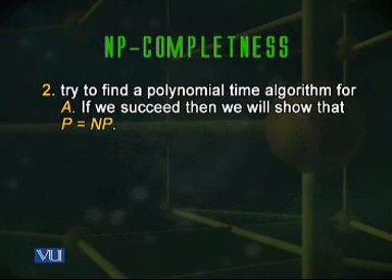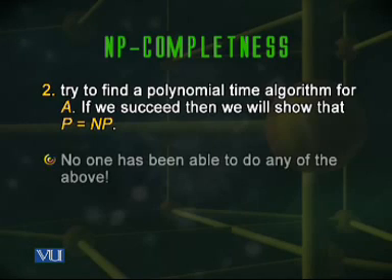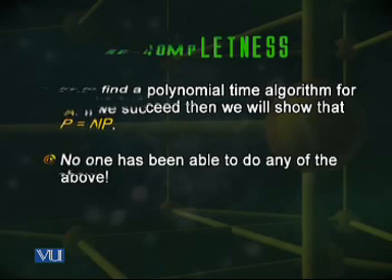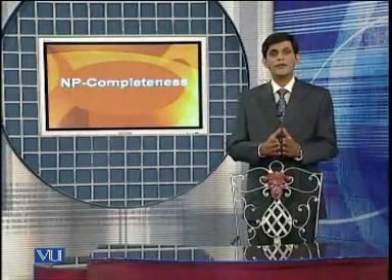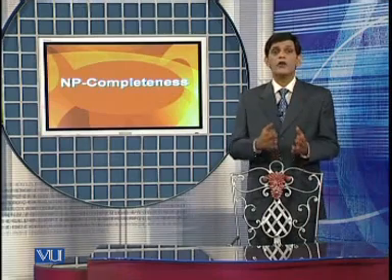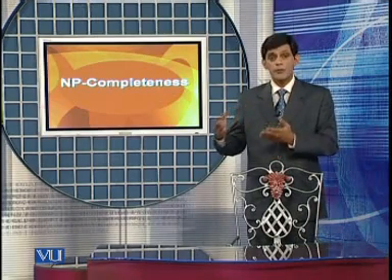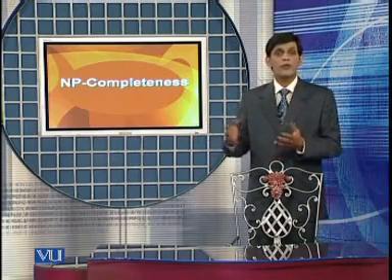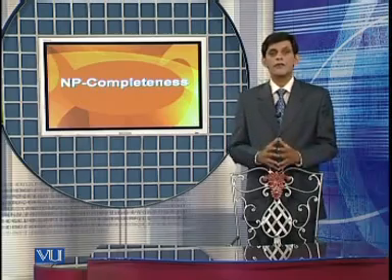The other alternative is to try to find a polynomial time algorithm for this NP complete problem A. If we succeed, then we will have shown that P is equal to NP. Well, no one has been able to do any of the above. No one has been able to resolve the P versus NP question. And no one has been able to prove anything about these approaches. Which of these approaches will succeed or fail, only time will tell us.